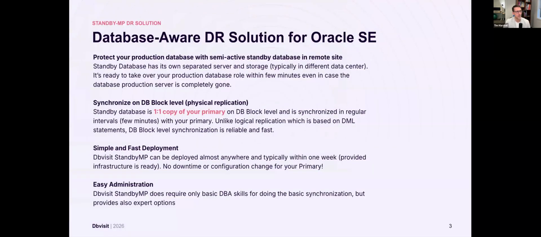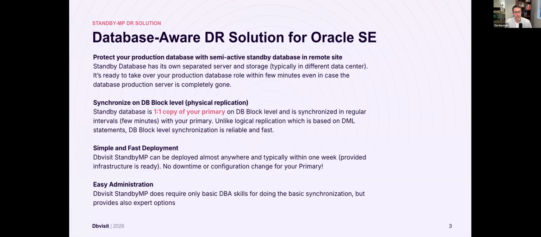So how does our solution work? We're database-aware disaster recovery, or a warm standby database for Oracle SE. Oracle SE, unlike Enterprise Edition, doesn't have standby database functionality built into it. It doesn't have DataGuard. So it's a real gap in Standard Edition, and we filled that gap by providing a DataGuard-like alternative on Standard Edition.